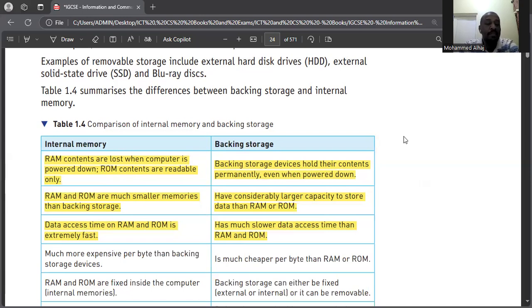Next, the data access time on RAM and ROM is extremely fast because, as we said, RAM and ROM are directly connected to the central processing unit, so we need them to be faster, whereas secondary storage devices are not as fast as the internal memory.